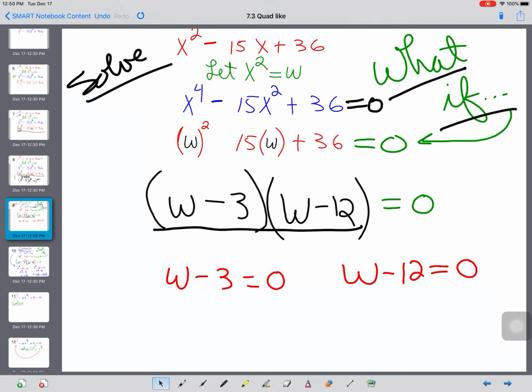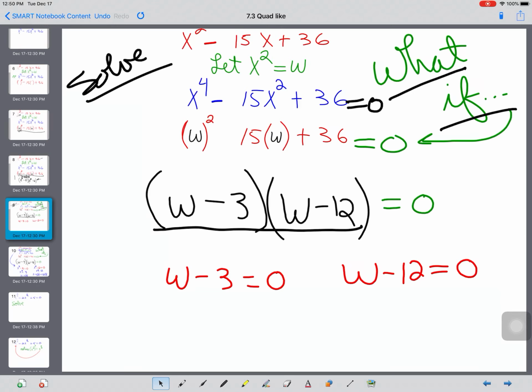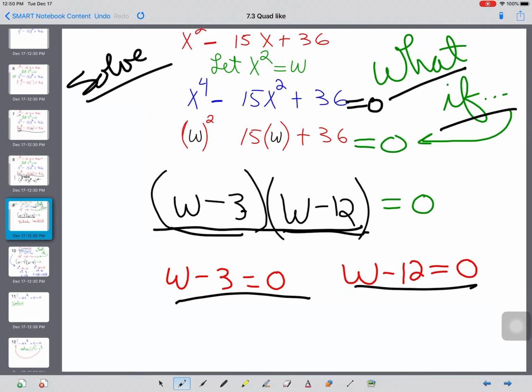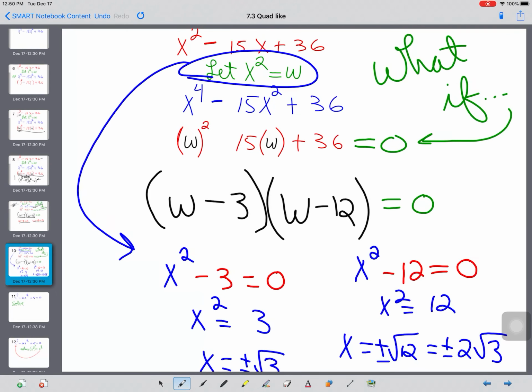I take out the x squared and I put in the w. W minus 3 is equal to 0, and w minus 12 is equal to 0. Solve both those equations for w, and replace them.